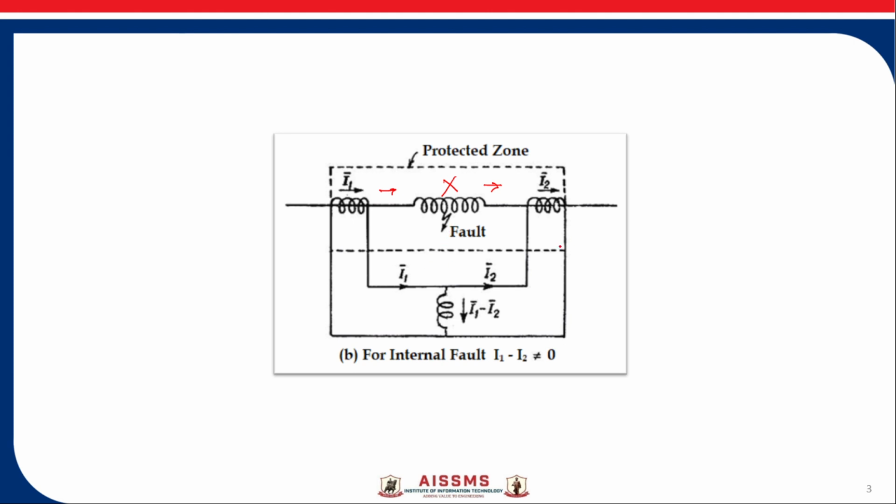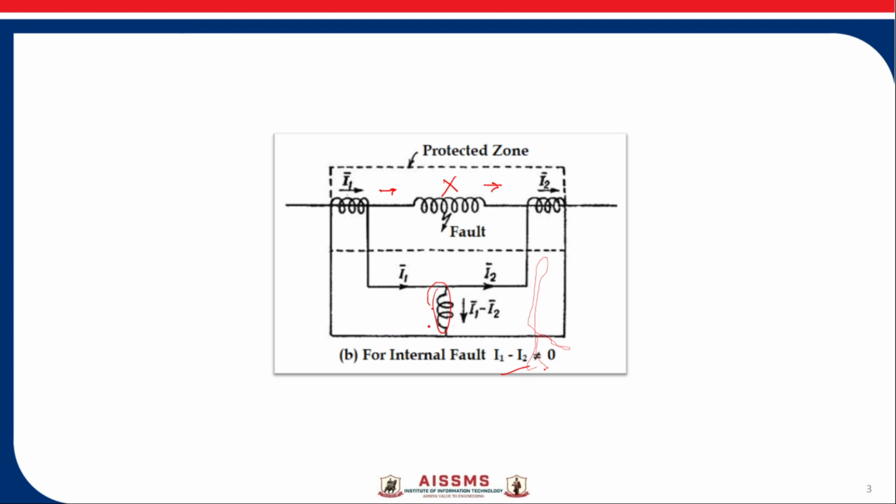So now I1 is not equal to I2, and therefore there is some difference, and that difference flows through this relay coil, and so the relay is going to operate.